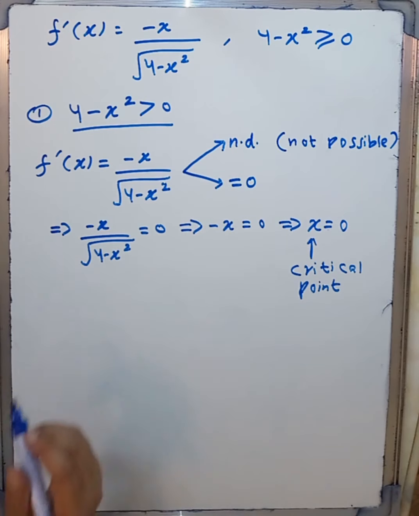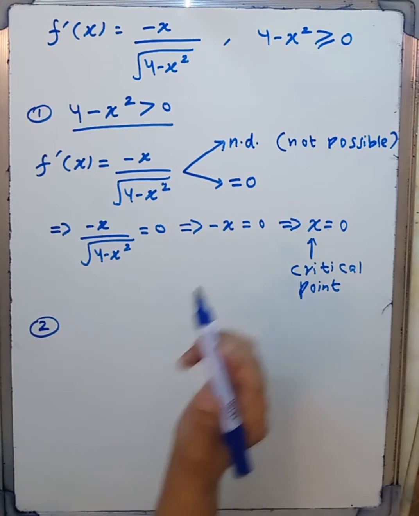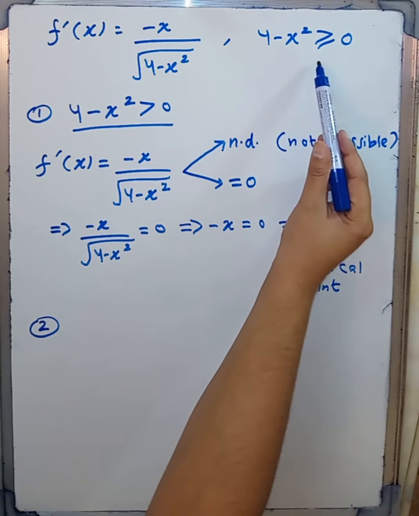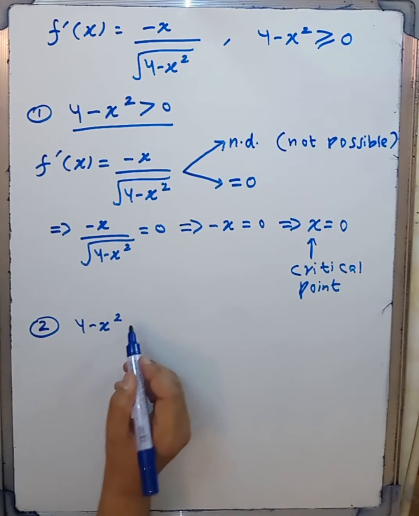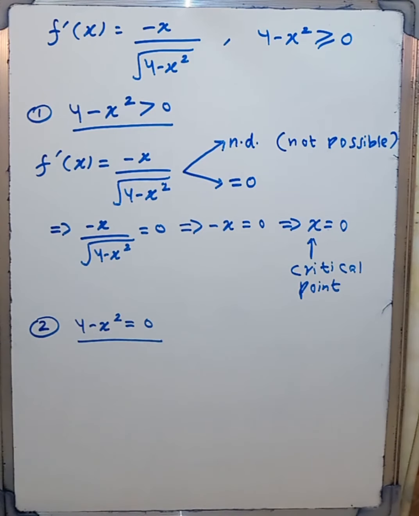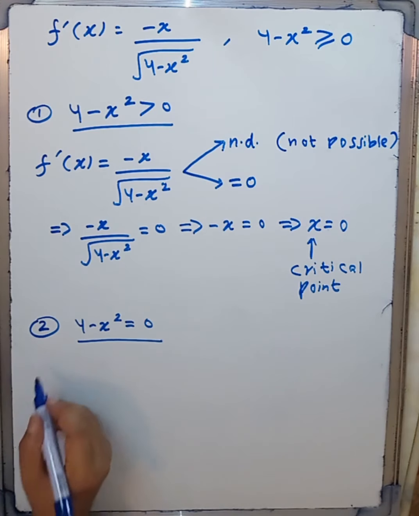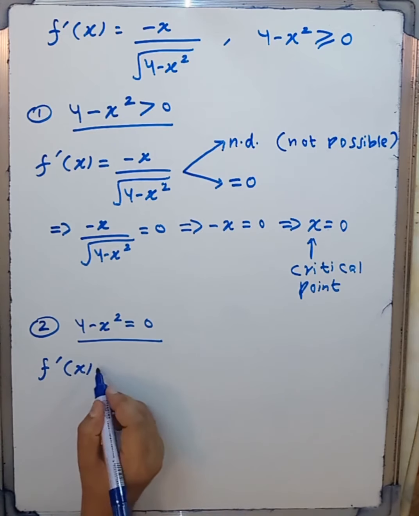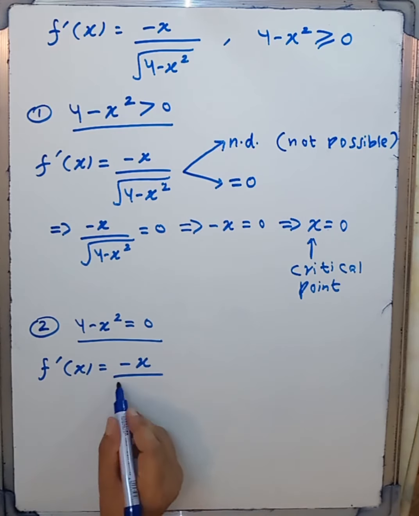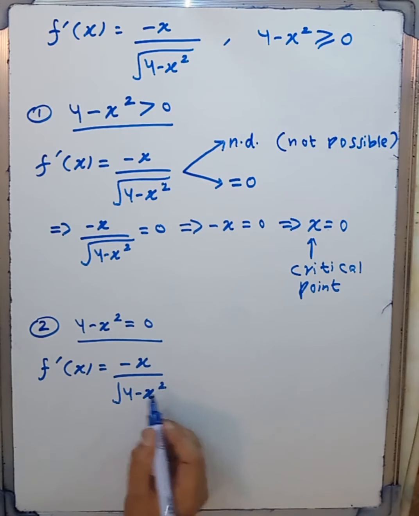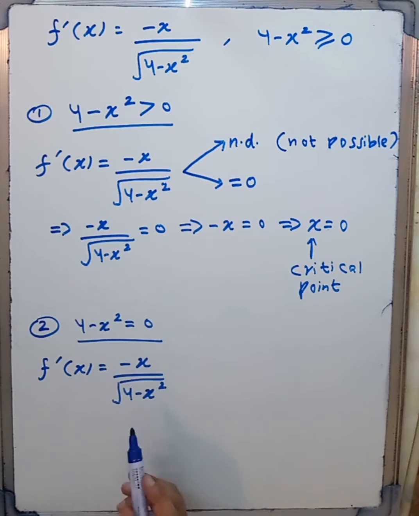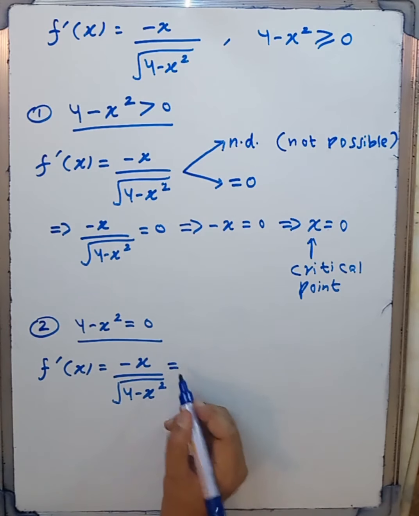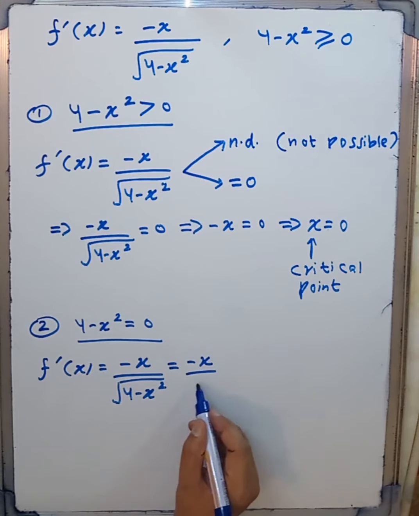Now let us discuss condition number 2 when 4 minus x square becomes equal to 0. In this condition, f prime x is equal to minus x over square root 4 minus x square. And because 4 minus x square is equal to 0, hence square root of 4 minus x square is also 0. So this gives us minus x over 0.